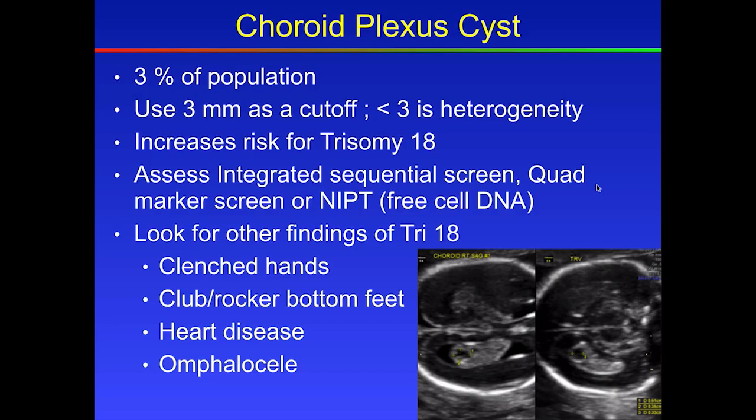But we always look for other findings of trisomy 18 as soon as we see a choroid plexus cyst, like clenched hands, which are supposed to be present in about 95% of patients, club foot or rocker bottom foot, heart disease, or omphaloceles. And this is a patient that has a small, I think it's 5 millimeter, choroid plexus cyst. And we see this every other day in our practice.